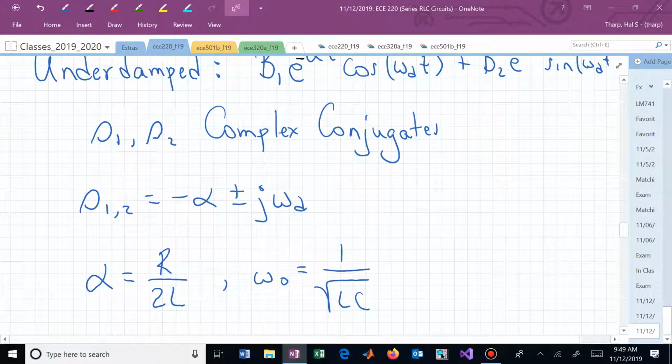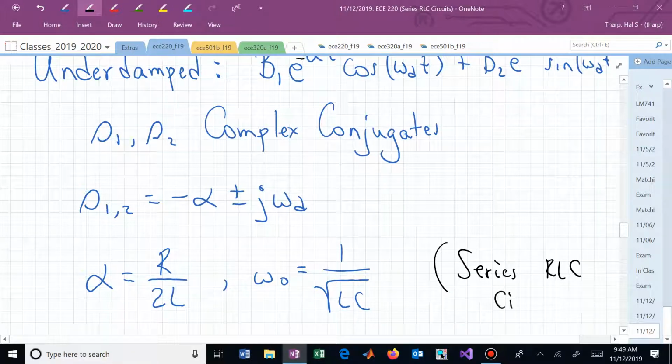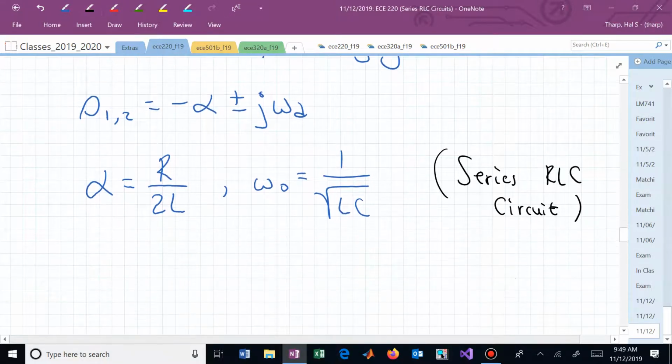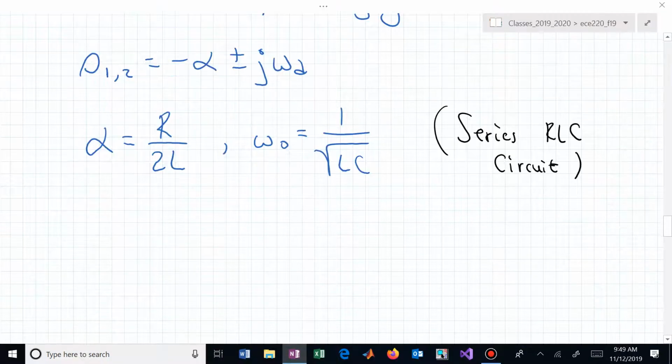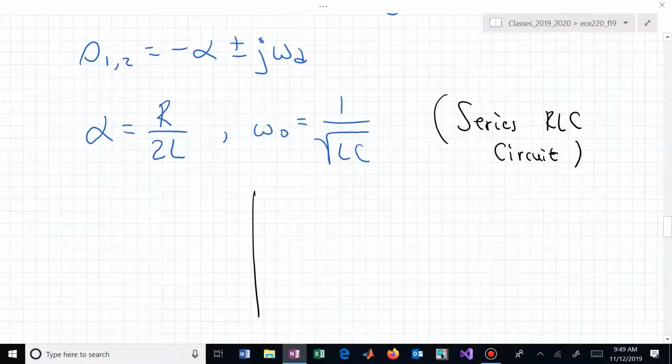This is now the alpha for a series RLC circuit. The natural frequency, omega naught, is the same. And if we want to find omega sub d, I like to just invoke the Pythagorean theorem.